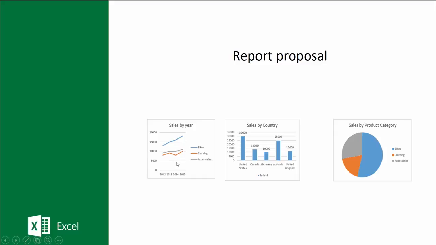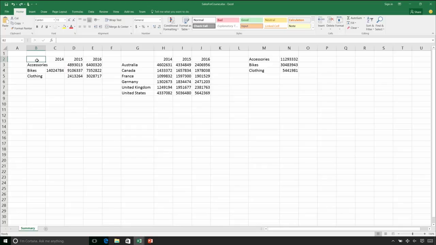And in order to do that, I approach a third person in our company called Jack. He's my friend in IT, and he usually is the person I get the numbers I need to create reports. So I explained to Jack what I need, and this is what he sent me.